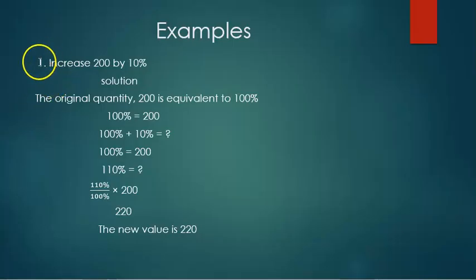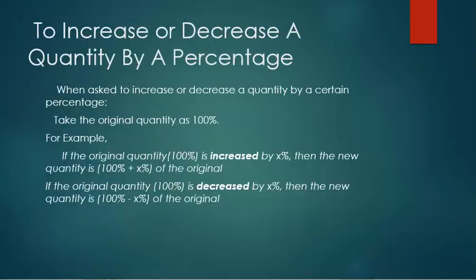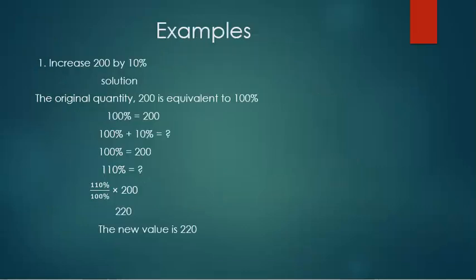Now, there is this first question. Increase 200 by 10%. So here, as we said earlier, we take the original quantity to be 100%. So the original quantity 200 is equivalent to 100%.